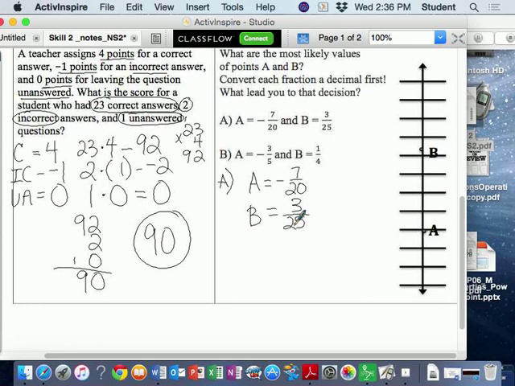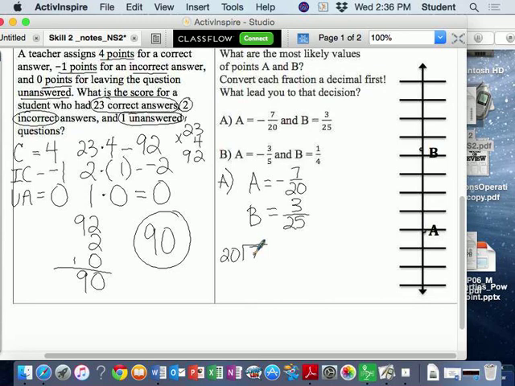So we need to divide to change our fraction into a decimal. So for A, we've got to divide 20 into 7. We'll worry about the sign here in just a minute.